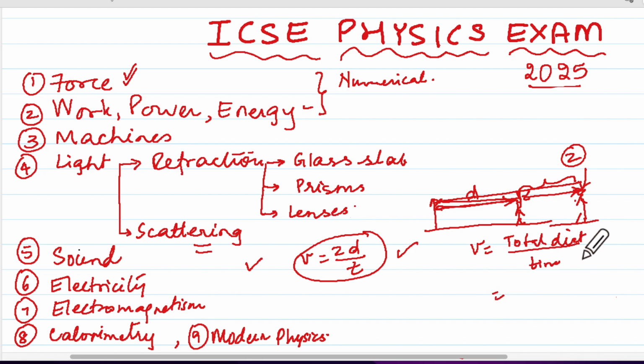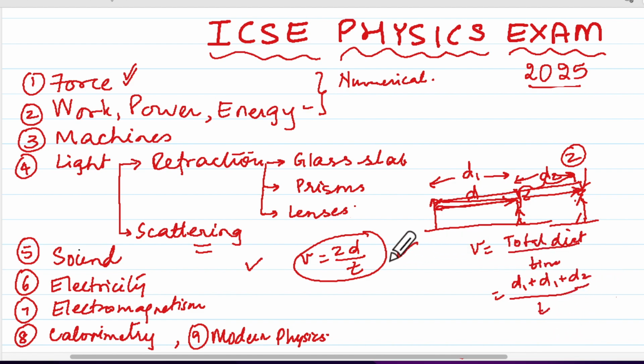Now, in total distance, if this distance is d1 and this distance here is d2, from here to here and from here to here, then the total distance will be here d1, then comes back over here, that is again d1 plus d2, and that upon it will be total time.